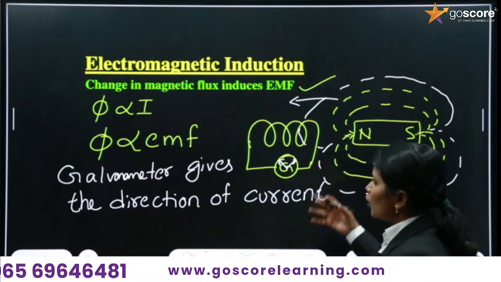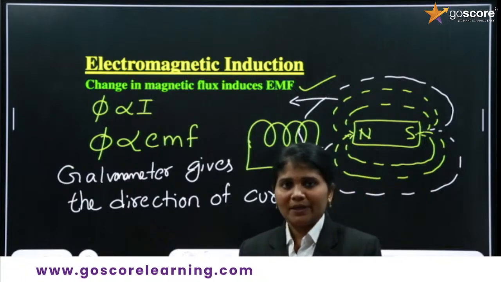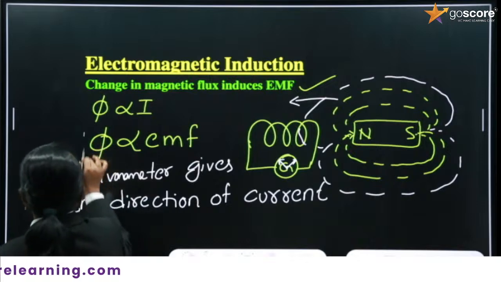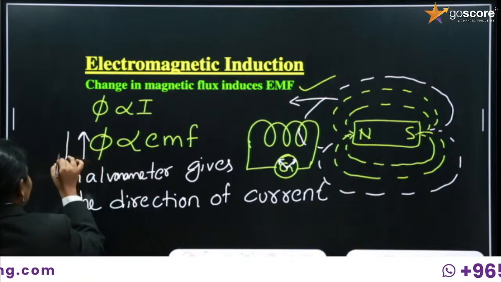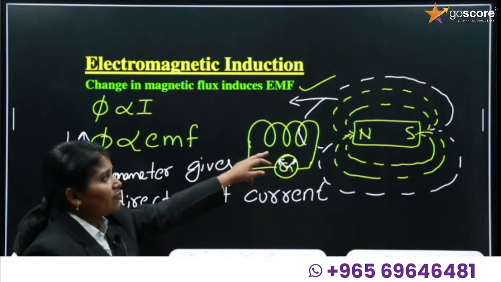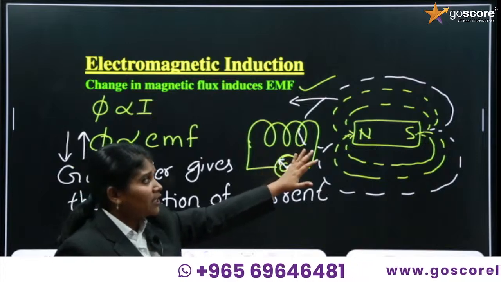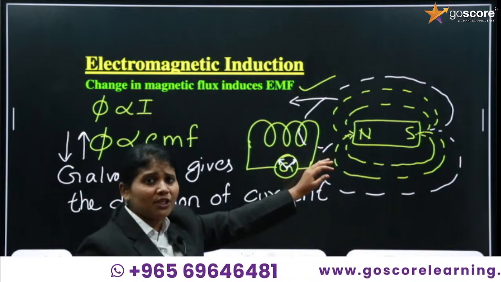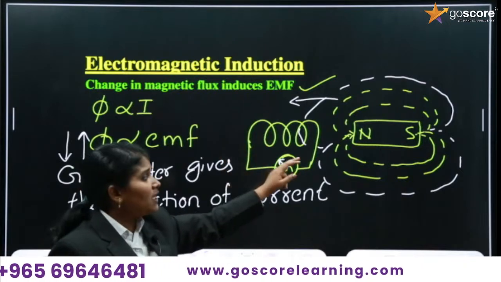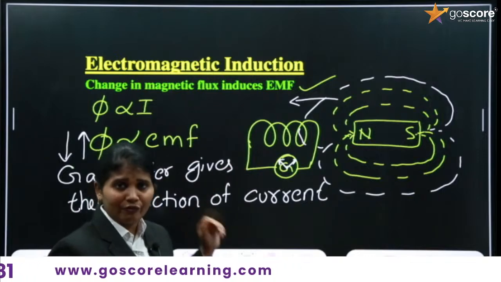So all of this we will discuss in experiment 1, experiment 2, experiment 3. So flux either increases or decreases. Change in flux. Here flux is not constant, guys. When the change in flux is occurring, the galvanometer deflects. When the magnet is stationary, the galvanometer is at zero position. Only when the magnetic flux is changing does the galvanometer deflect.